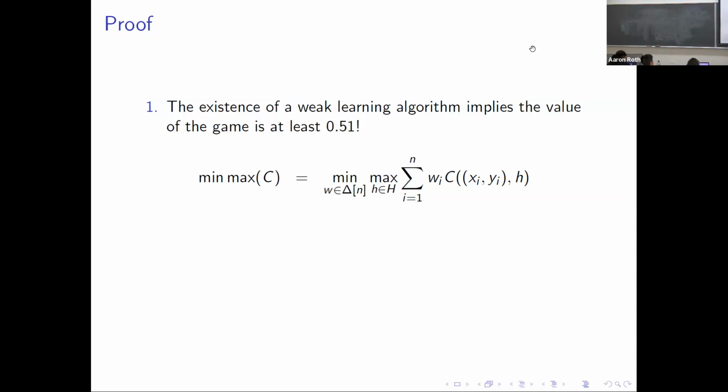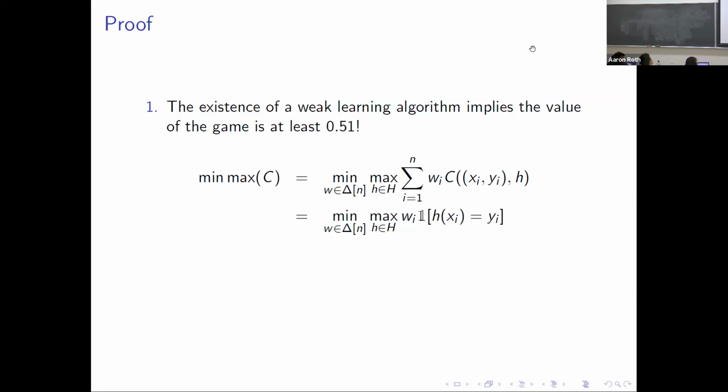First, the data player commits to a mixed strategy, a distribution over the data points. Then we get to look at that distribution over the data points, W, and best respond by choosing a hypothesis that maximizes accuracy. The way we evaluate how well we've done is we compute the expected utility, which the way we've set things up is just the weighted accuracy on this data set. It's just the weighted fraction of points that we predict correctly, because the cost function is just the indicator of whether we predict a point correctly or not.